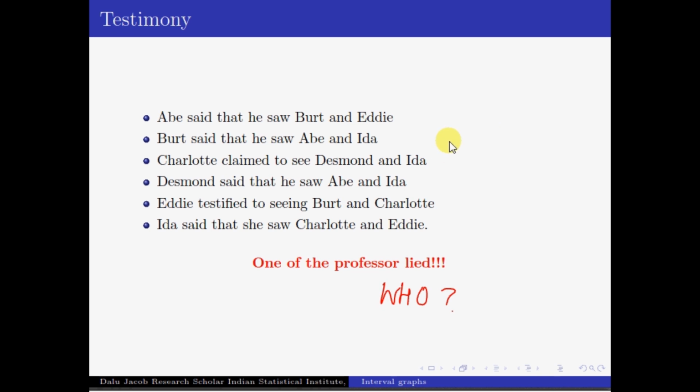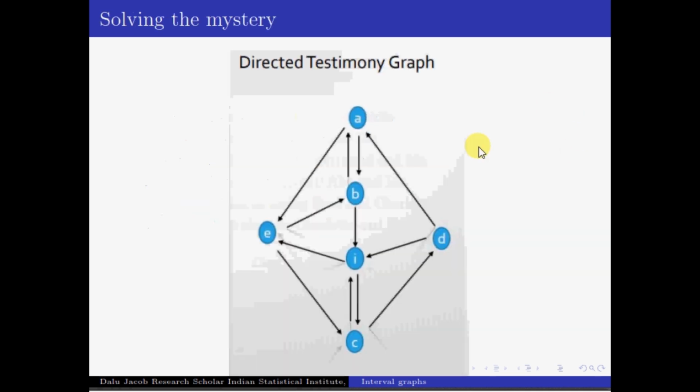As you can see, I am using the initials, the first letter of each professor's name, to denote their vertex. Here we can see A, B, C, D, E, I are their initials. Accordingly, I will create a graph in which there are 6 nodes, where each node denotes a professor.